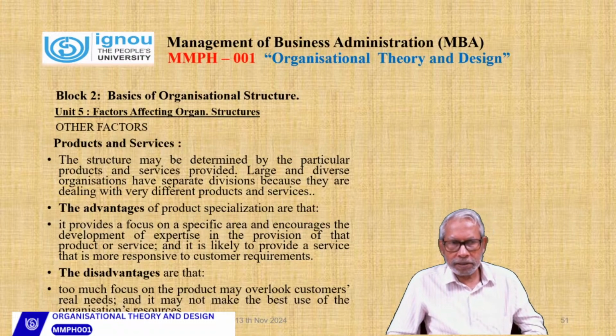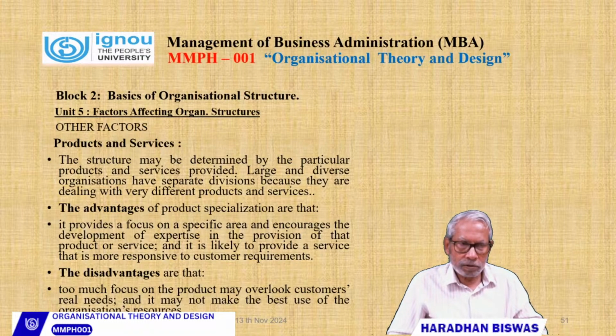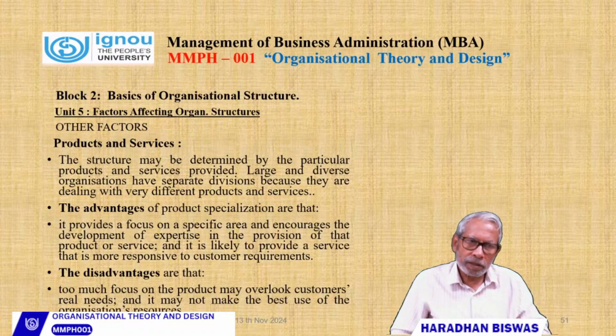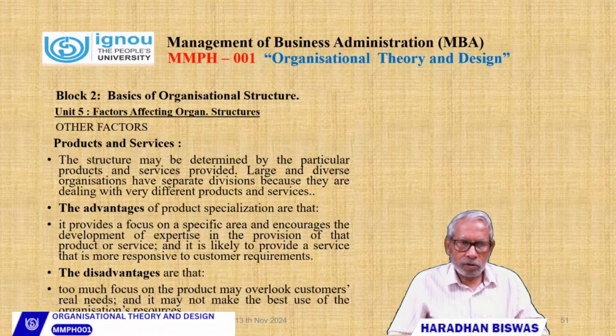So its advantage is that product specializations are there. It provides a focus on a specific area and encourages the development of expertise in the provision of that product or service. And it is likely to provide a service that is more responsive to customer requirements.